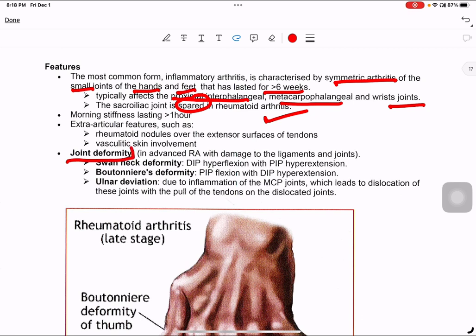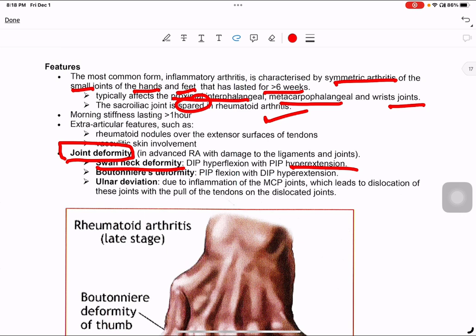Usually there are some joint deformities in rheumatoid arthritis, like swan neck deformity: DIP flexion and PIP hyperextension are present.